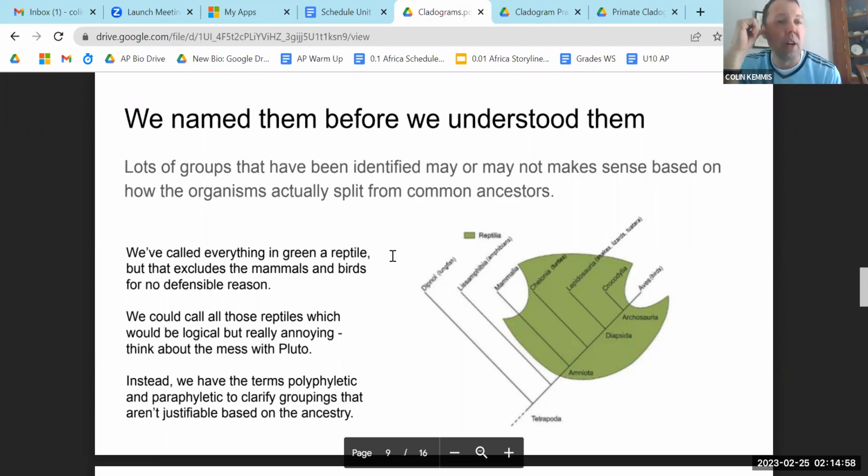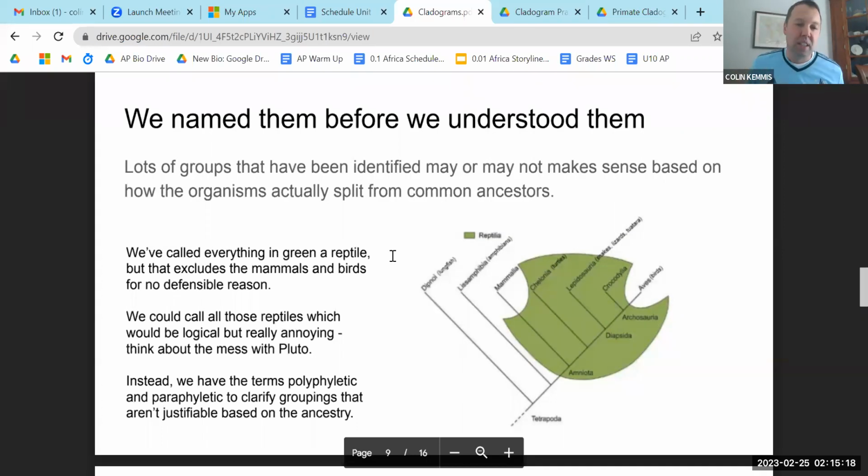And so everything in green here is reptiles, which doesn't make a lot of sense with birds splitting off on one side and mammals sharing a common ancestor with reptiles and birds. So it's kind of like when Pluto was a planet.